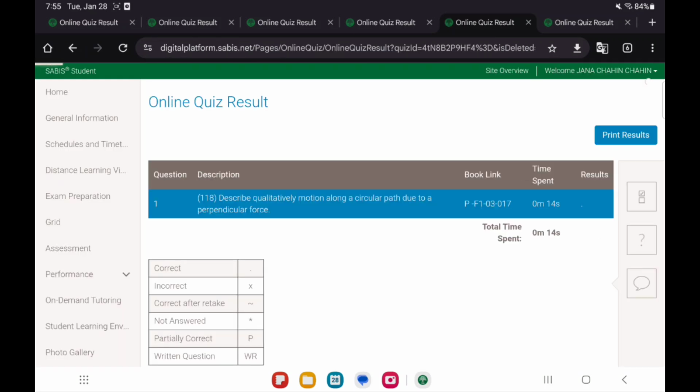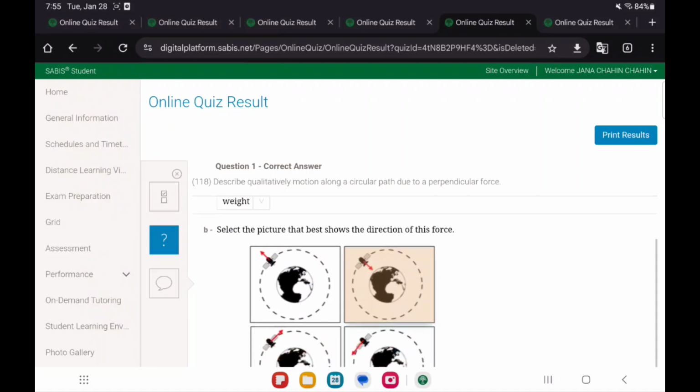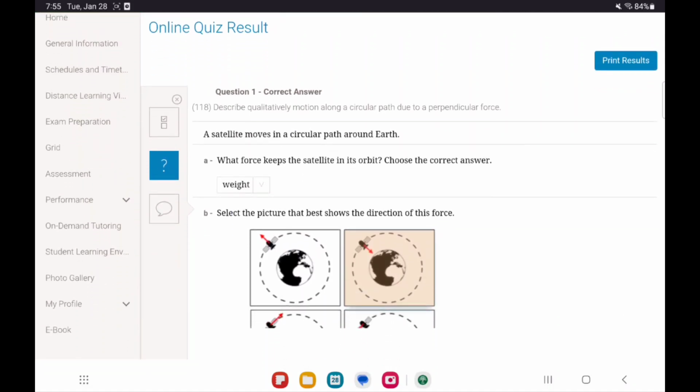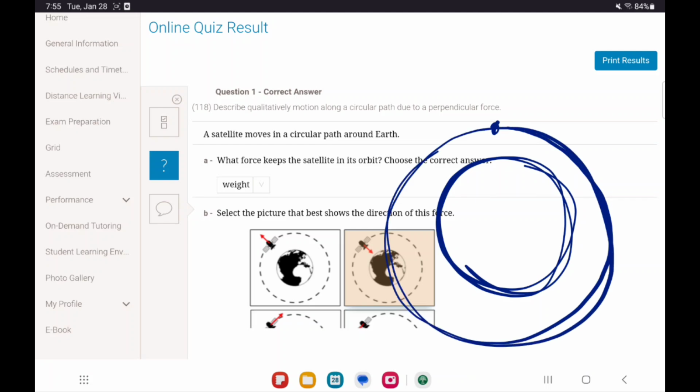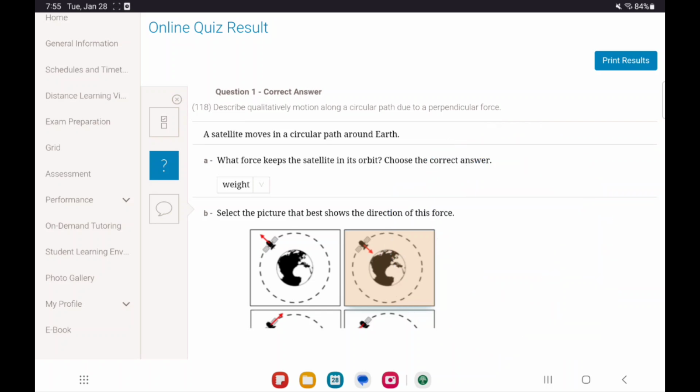Okay, let's go to 3.17. 3.17 is one question. This is about satellites. We know that a satellite keeps going around its orbit. It keeps going around in circles because its weight is pulling it down. The only thing that acts on a satellite is its weight. You have to know this 100% sure, like your name: the only force that acts on a satellite is its weight.